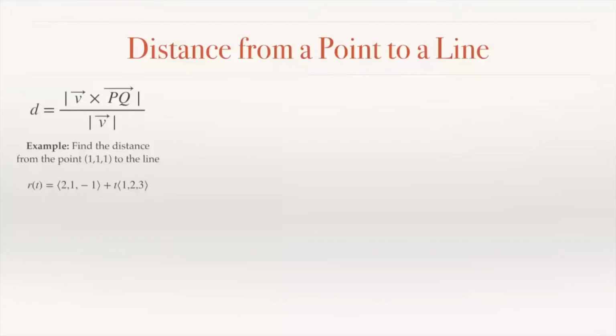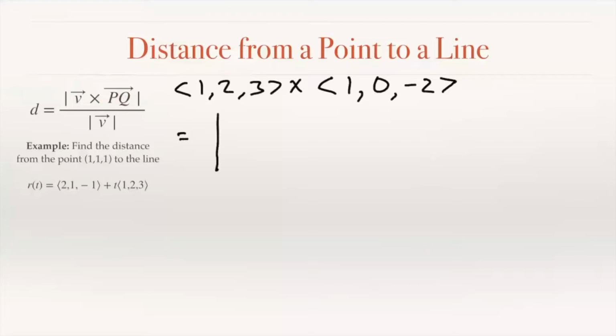So now we need to find the cross product of v and PQ. So that is (1, 2, 3) cross (1, 0, -2), which is the determinant of the matrix with rows i j k, 1 2 3, 1 0 -2, per 13.4.